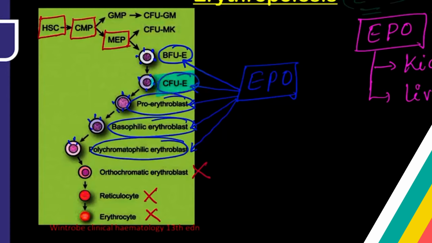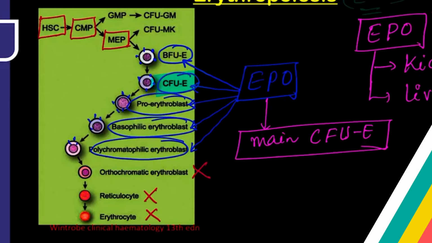That's why the main action of erythropoietin is at the level of CFU, colony forming unit, erythroblast. So this is the important MCQ that you have to remember, very, very important. So this is all about the erythropoiesis or generation of the RBC.